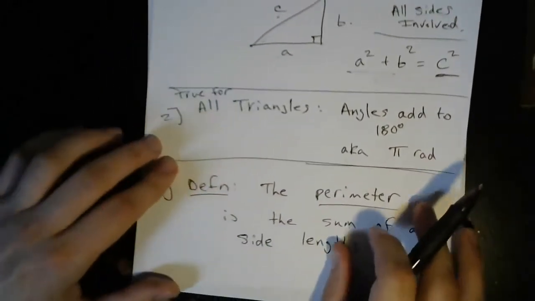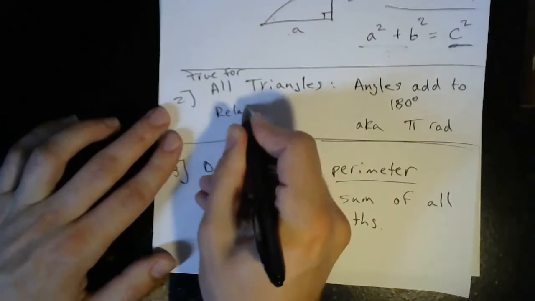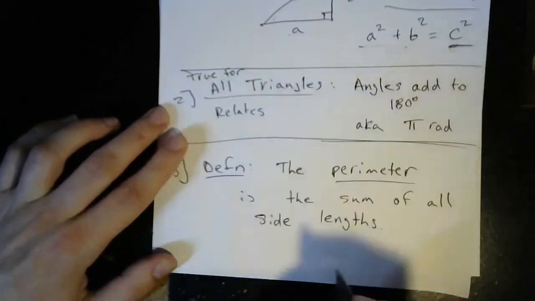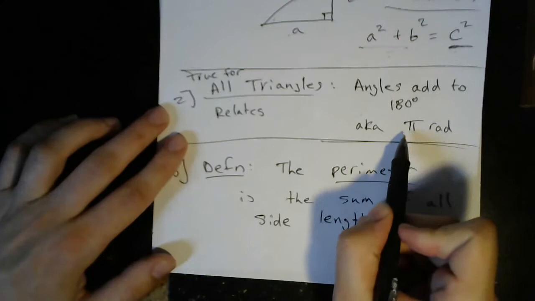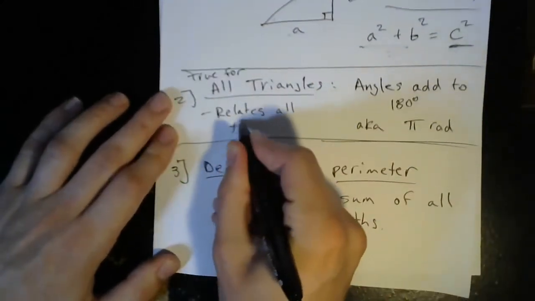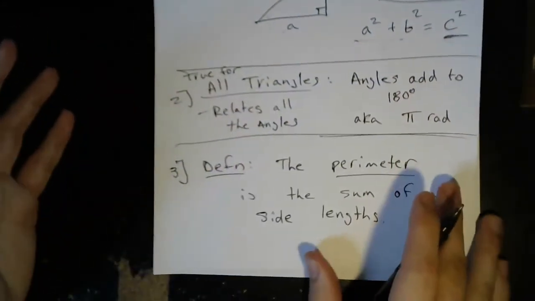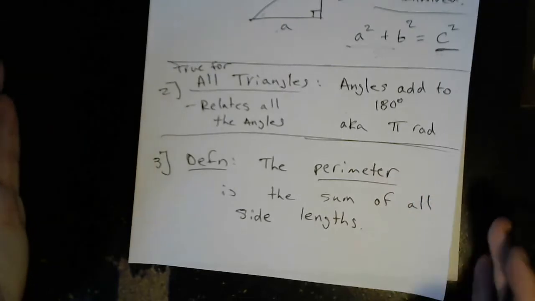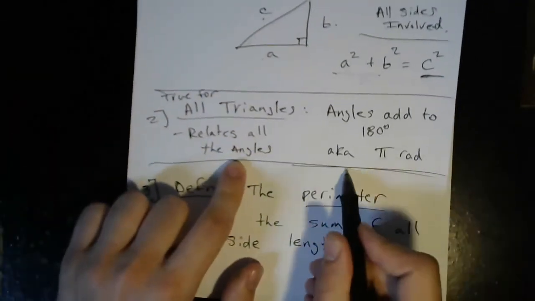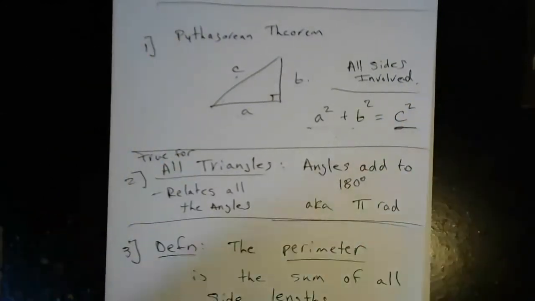And in a similar manner, this fact here relates the angles, right? So the fact that all angles add to 180 or pi radians is a fact that relates all the angles. So if you're working with a bunch of angles and you need to find another angle, then this is the fact that you would use. So these are just two observations.